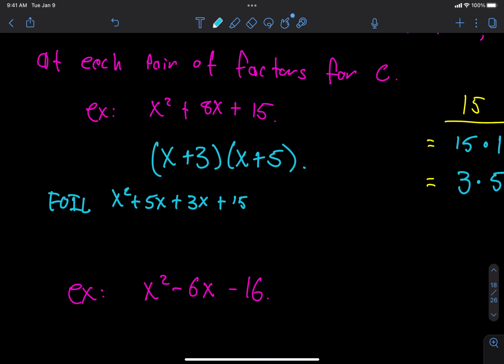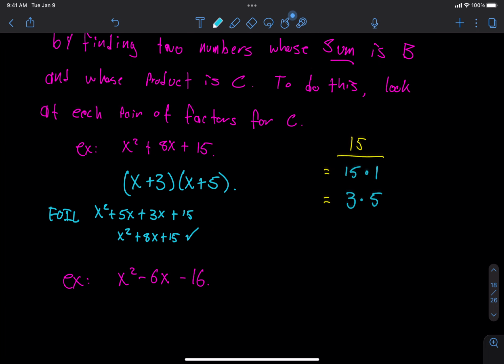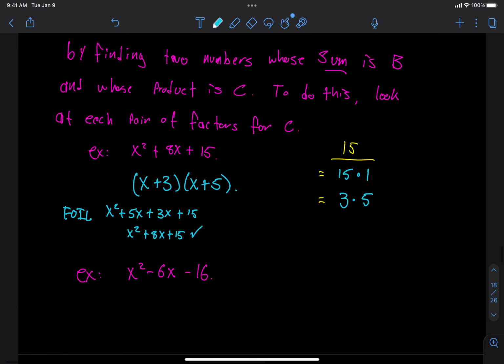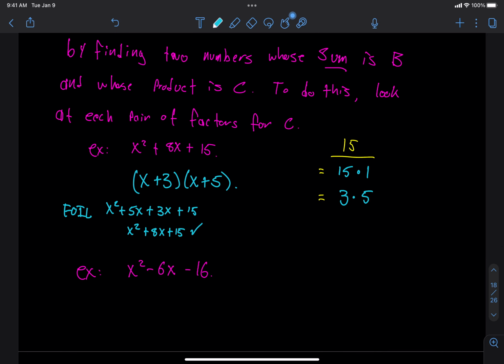Then I would combine like terms and get x squared plus 8x plus 15. And I'm happy because that matches what I started with initially. So that's one way to check your work. Any questions on that first example?